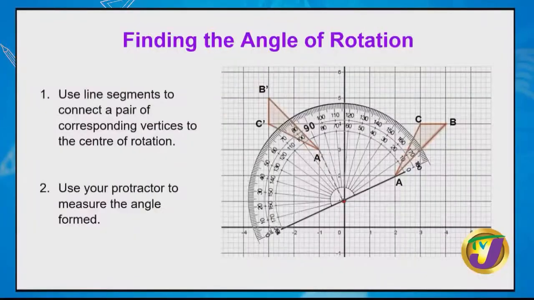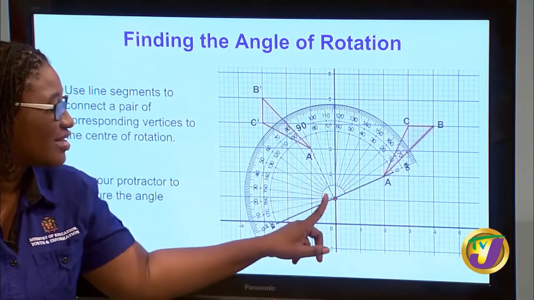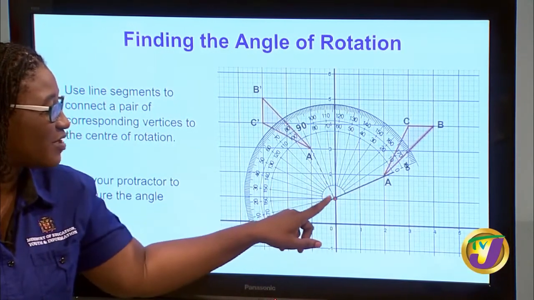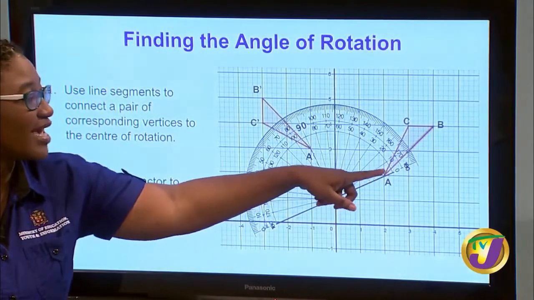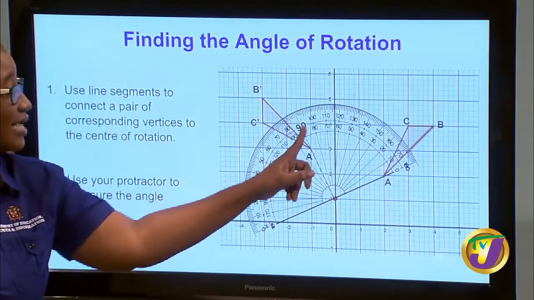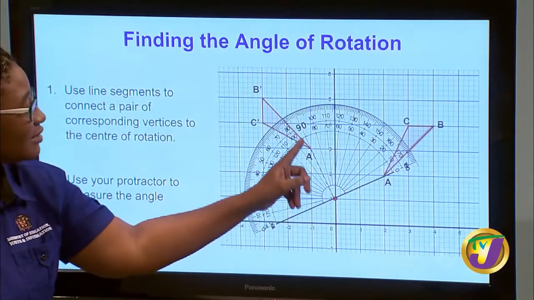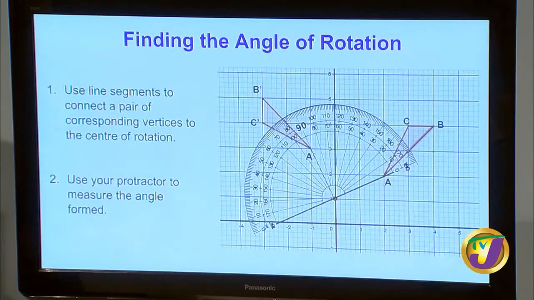All right. And again, we're seeing here that we have aligned 0 with the line segment from the center to A. So let's measure. In this case, we're doing anti-clockwise. And that looks like 90 degrees. Yes, 90 degrees.